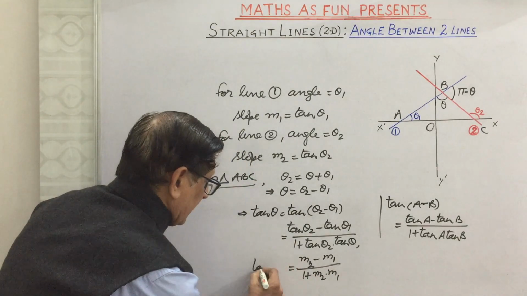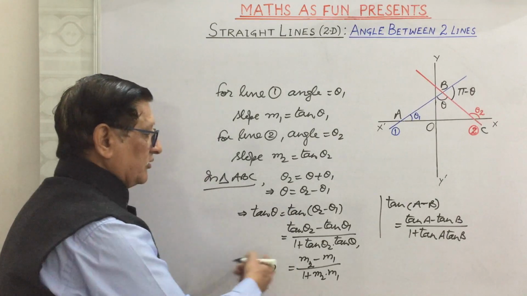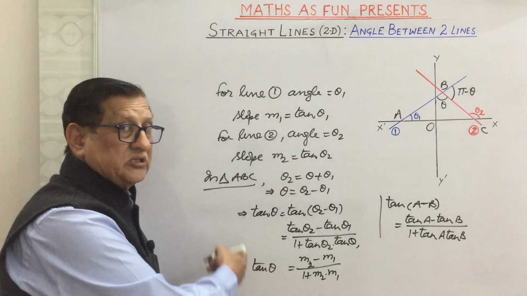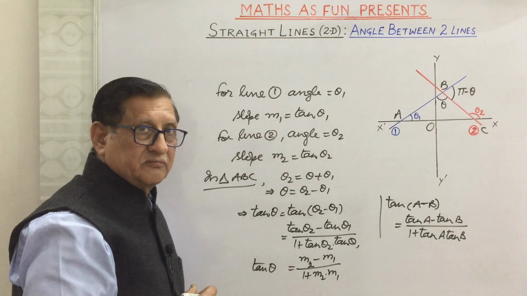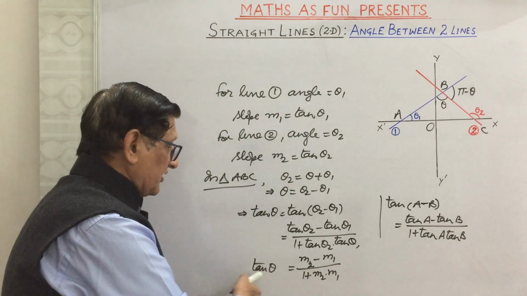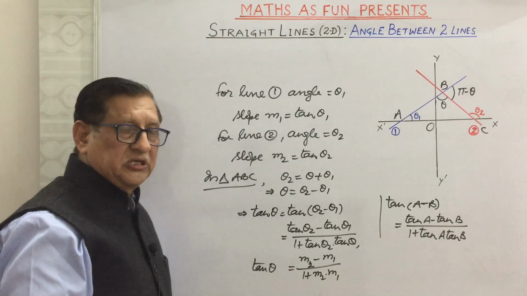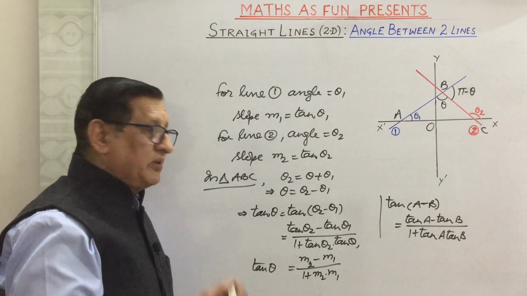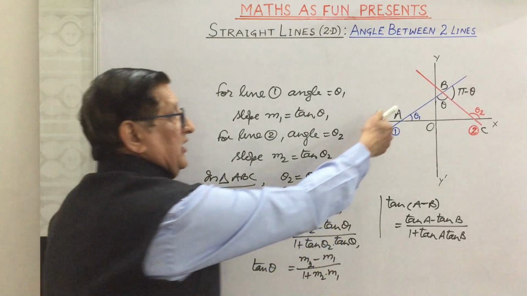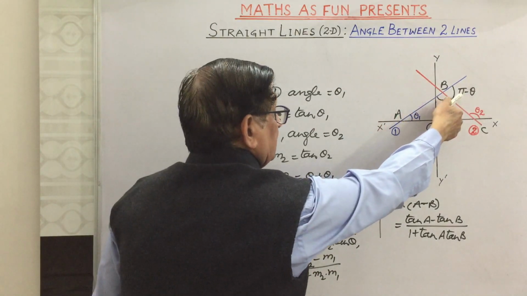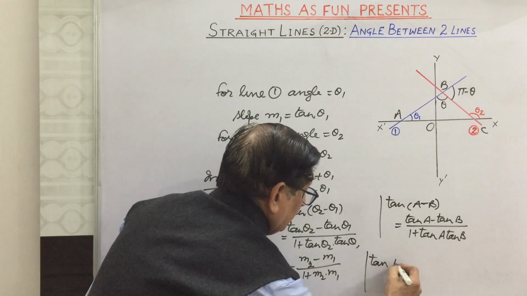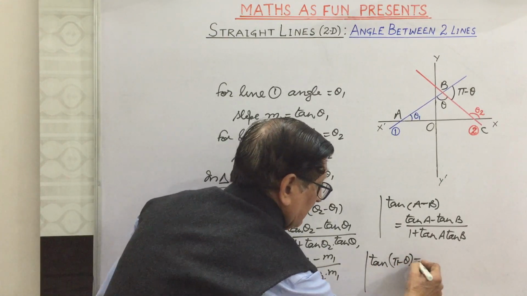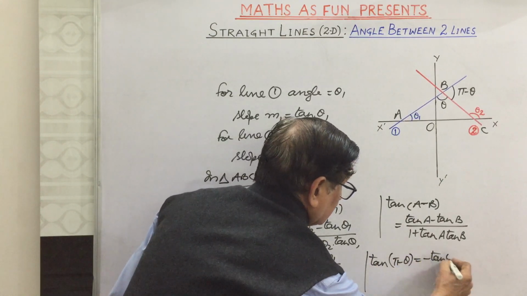This can be used as the formula to find the tangent of the angle of intersection of the two lines. And then by applying this, we can find the value of theta. But if we want to see the other angle, then we will find tan of pi minus theta, and we know tan of pi minus theta is minus tan theta.